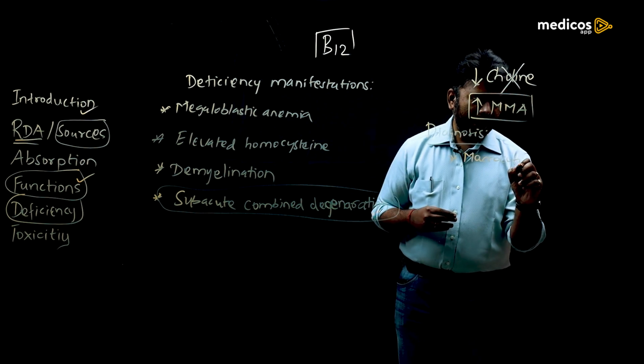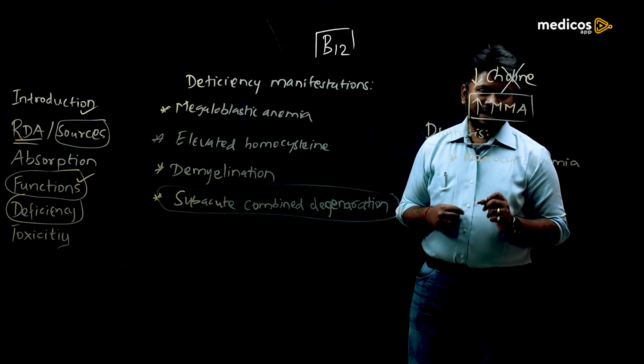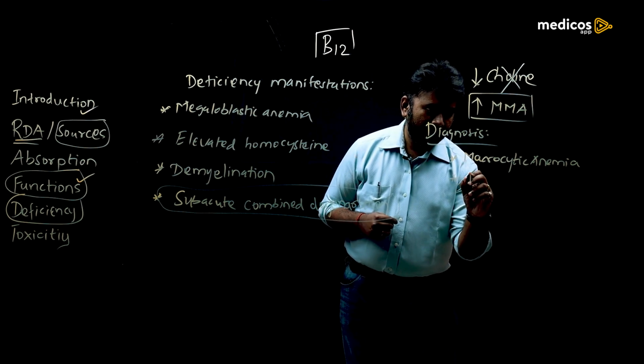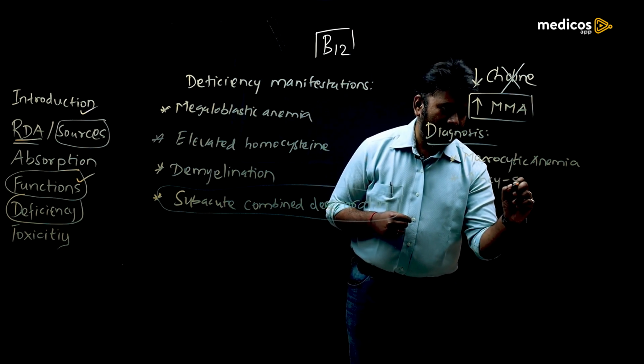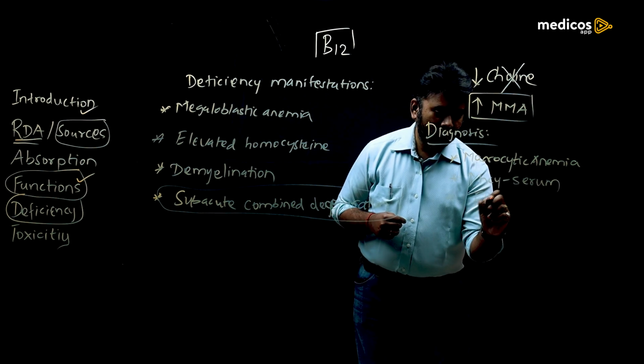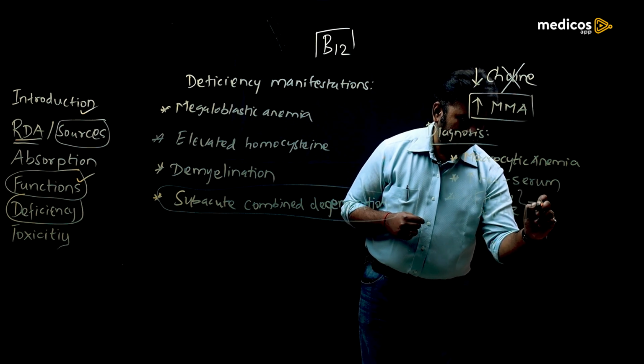Increased MCV and macrocytic anemia will be the characteristic feature you will be seeing in both folic acid and B12 deficiency. Apart from that, in serum the homocysteine levels will be elevated. Then in urine, FIGLU levels and AICAR levels will be increased.